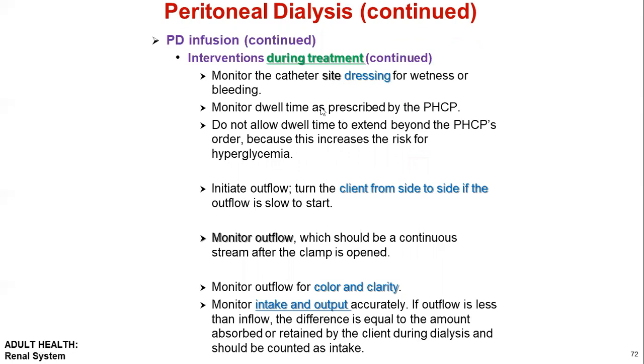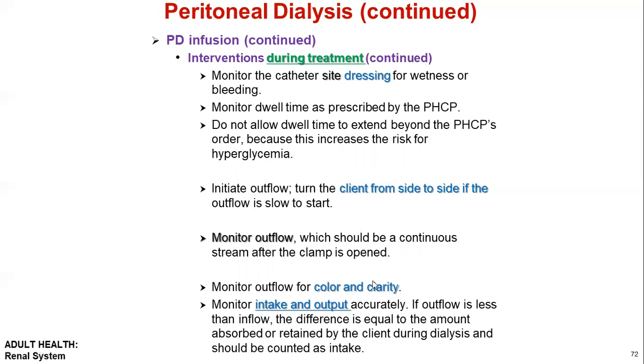Monitor dwell time as prescribed, and do not allow it to extend beyond what is in the prescription. Initiate the outflow, and turn the catheter from side to side if outflow is slow to start. Monitor the outflow, which should be a continuous stream after the clamp is open, and check it for color and clarity.